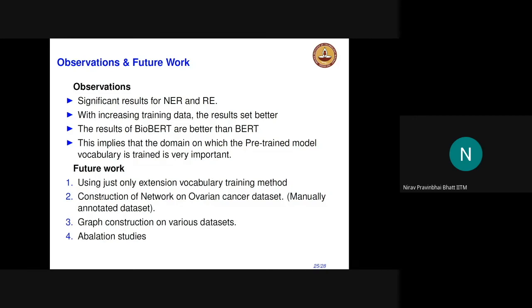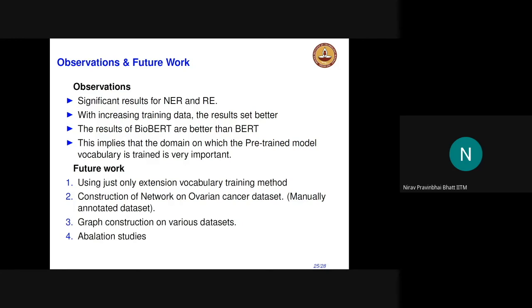We are currently trying to construct a network for ovarian cancer, for a manually annotated data set we have created, because of one of our PhD students. Another key aspect is graph reconstruction on various data sets and how to compare them. There is a lot of confusion in the literature itself, so we are trying to work out how we should compare our model with some of the existing models.